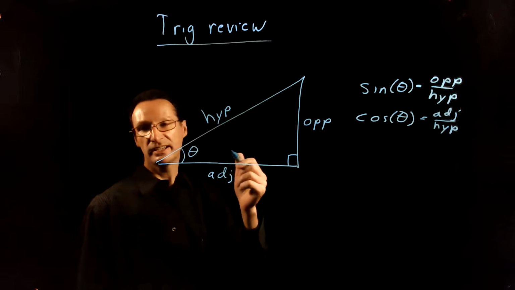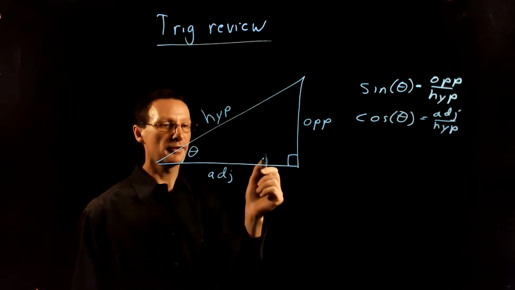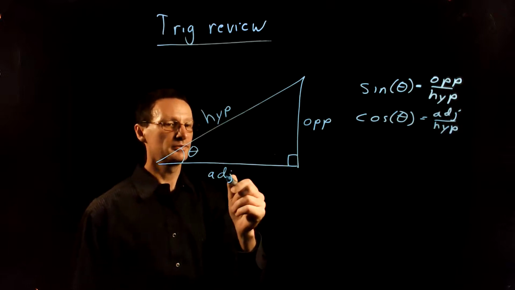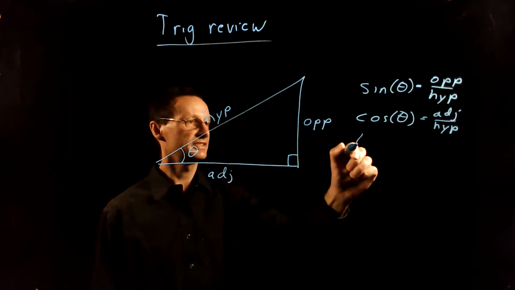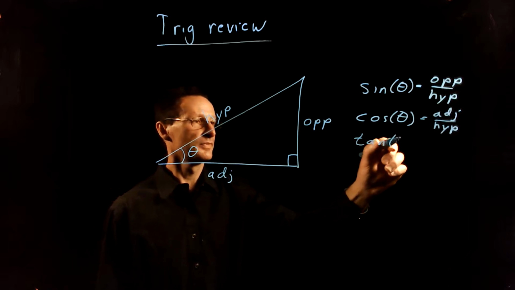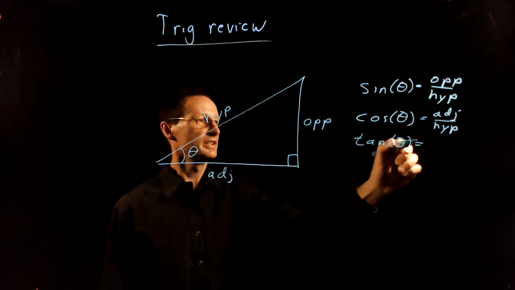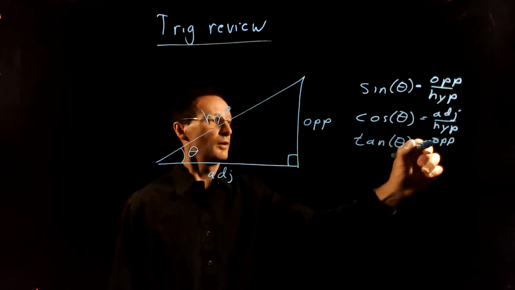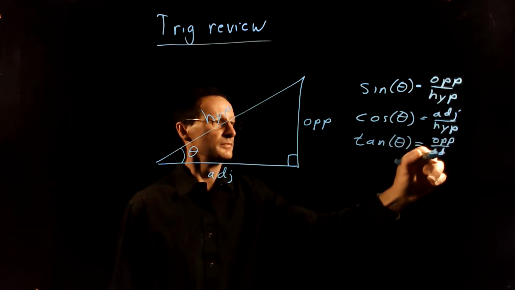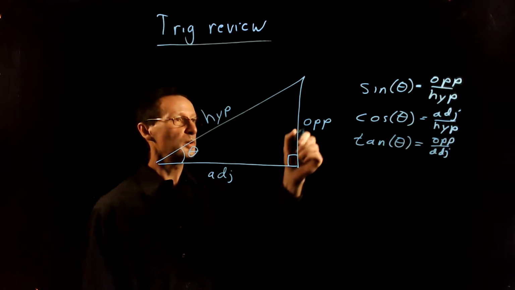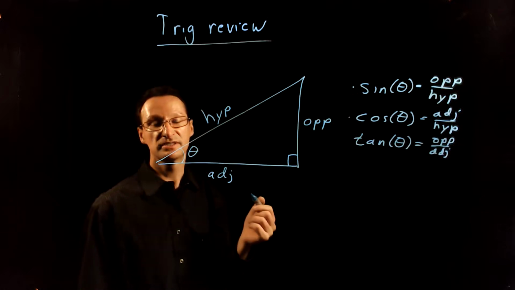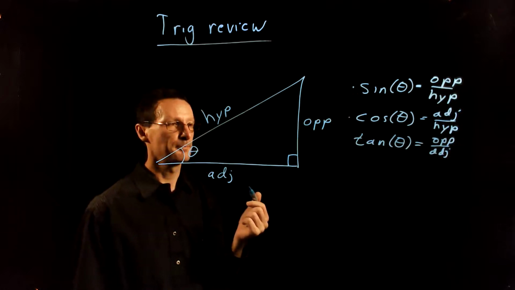And finally, just for completeness, there's one other function where you could relate the adjacent and the opposite. That's the tangent function, and tangent is opposite over adjacent. Now, we mostly use the sine and the cosine in our vector resolution here.